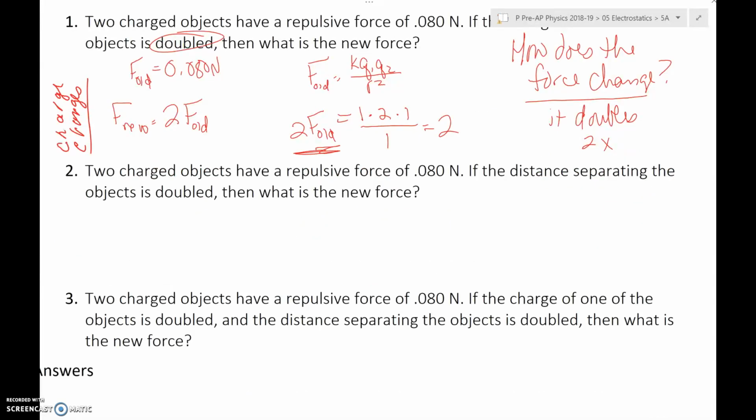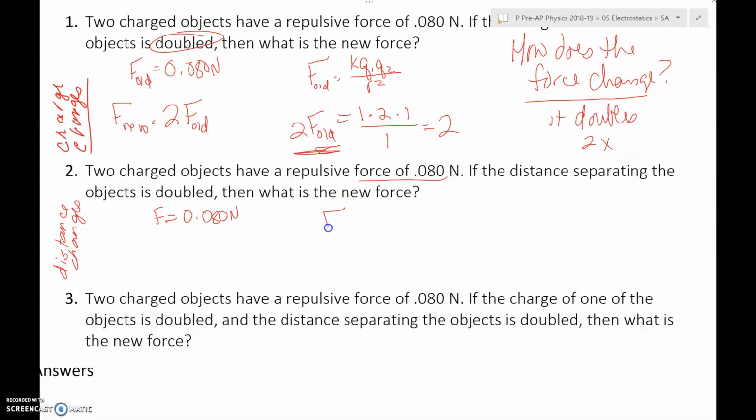So the second question, which is number 3, the second section on the worksheet, is what happens if distance changes. Now again, if they don't mention it, you just put a 1 in. So same story, it's a repulsive force of 0.080 newtons.